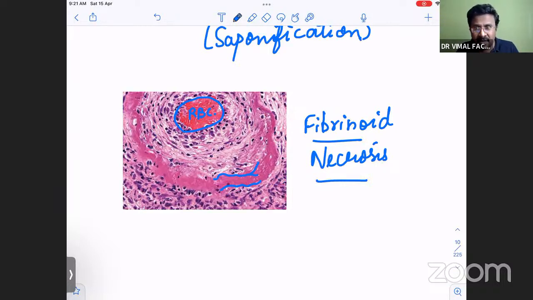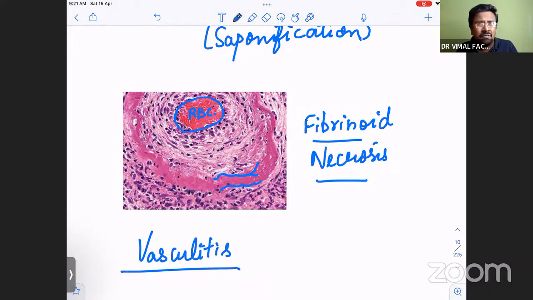Mainly in vasculitis, inflammation of the vessels, especially in cases like SLE, where there is an antigen-antibody response and these antigen-antibody complexes are deposited on the vessel wall. They cause damage to the vessel, and there is leaking of fibrin, which is deposited in the vessel wall. So in vasculitis, PAN, polyarteritis nodosa, is commonly seen.